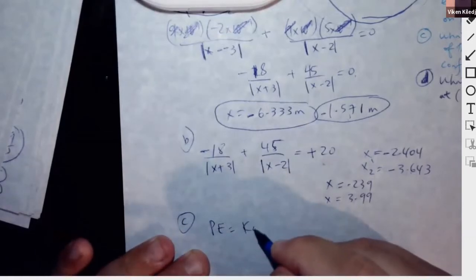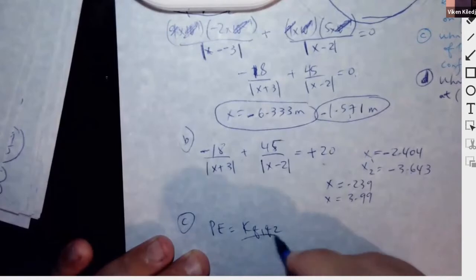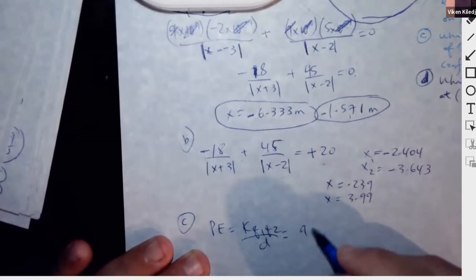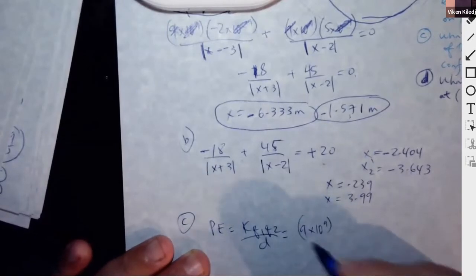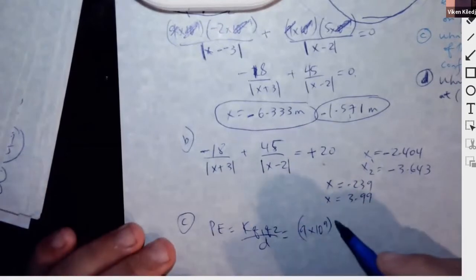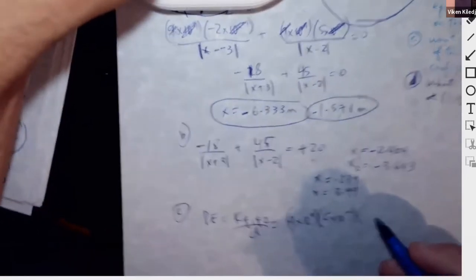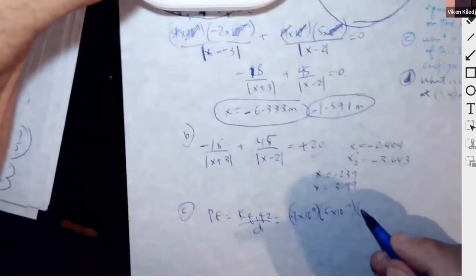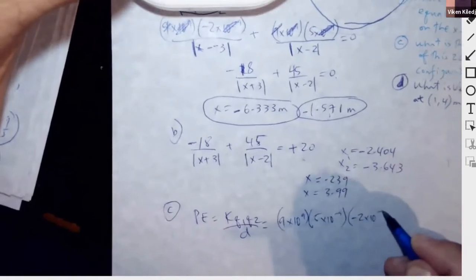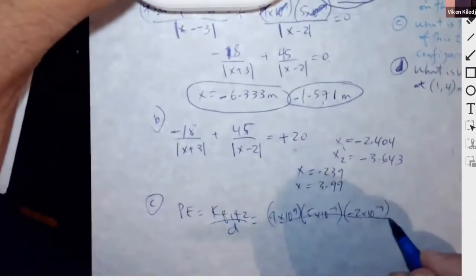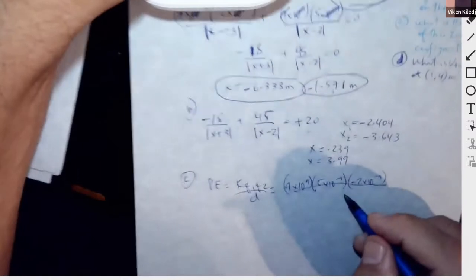So this one, K, Q1, Q2 over the distance between them. With two charges, it's easy, of course. There's just two charges to worry about. So 5 times 10 to the minus 9, negative 2 times 10 to the minus 9 over their distance, which was 5 meters.